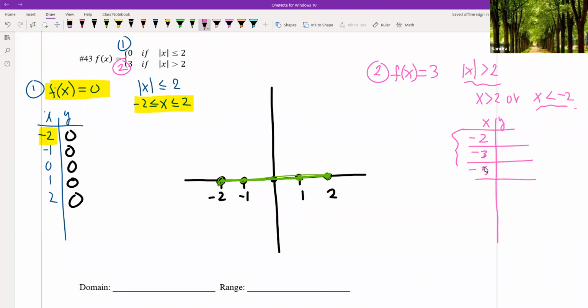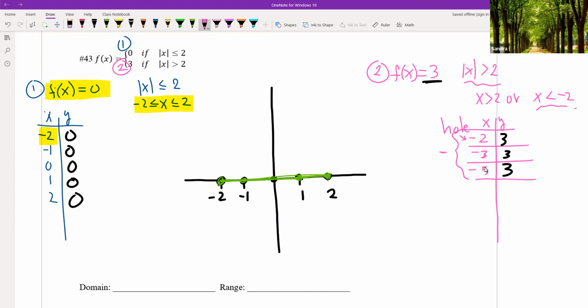So I'm selecting negative values first, okay? Now I'm gonna plug it in there, okay? Now at -2, since it's not equal to, we have a hole also. So there's a hole on the graph right here. Okay, but they always give you a 3. There's no variable, so this is always a 3.